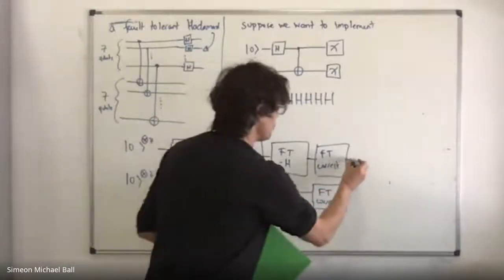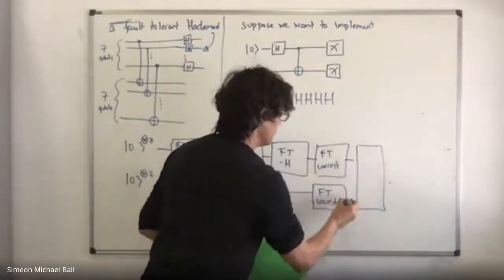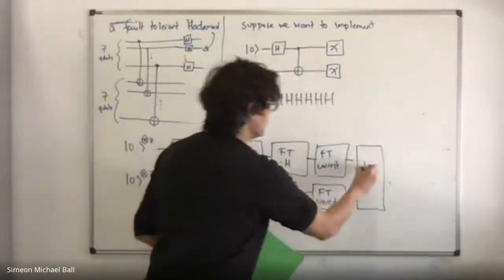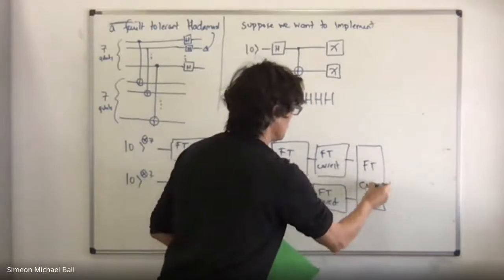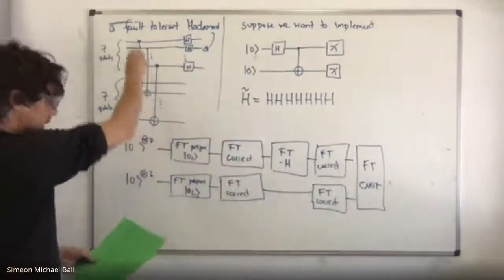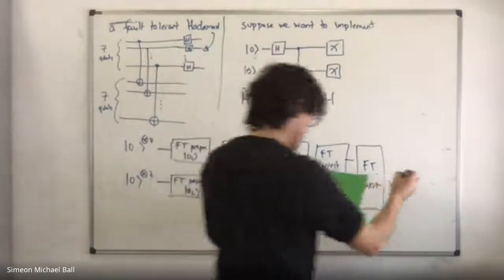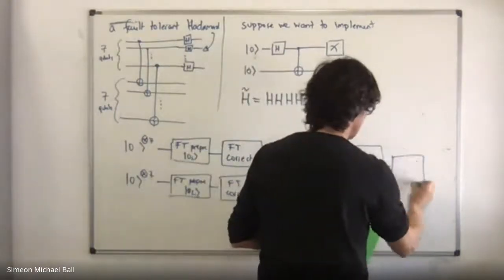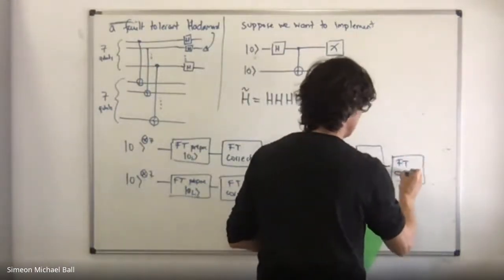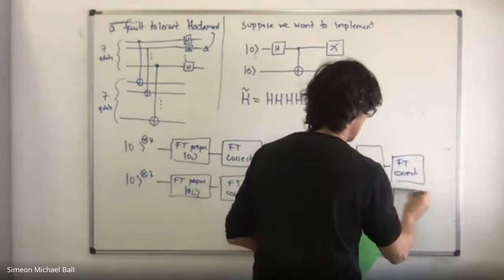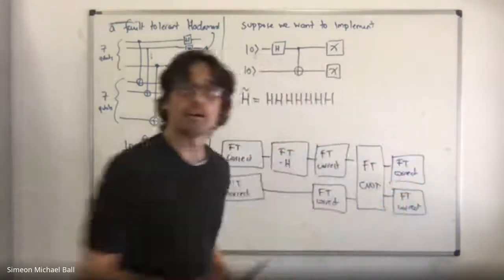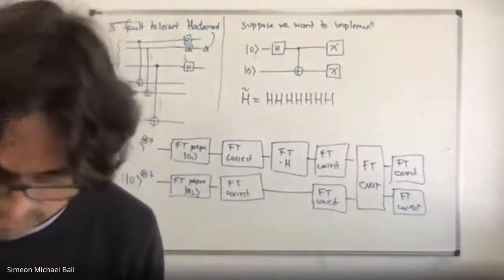Now you do your fault tolerant C naught, which is this bit here, which really is this implementation. And now you do fault tolerant correct again. And then finally, to finish, you have to do a fault tolerant measure as well.